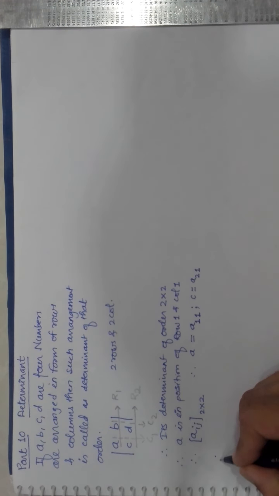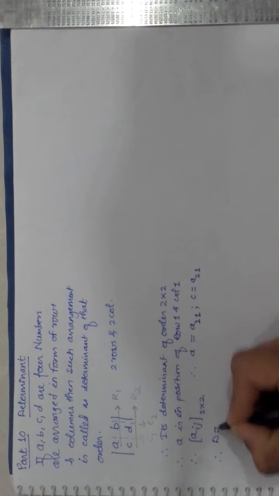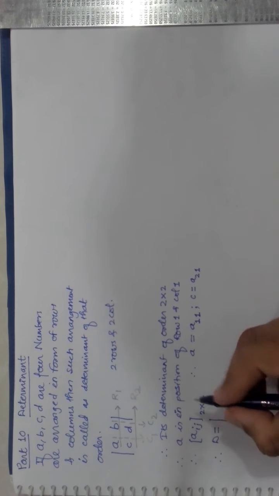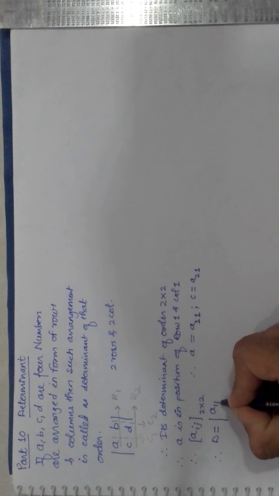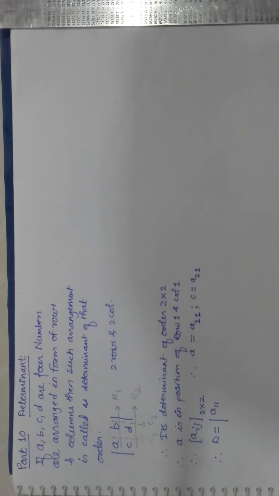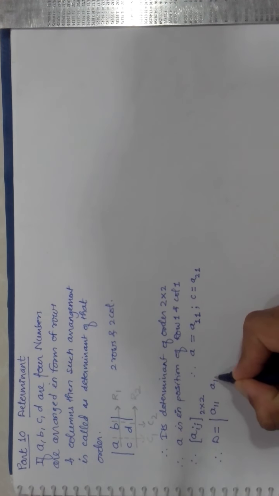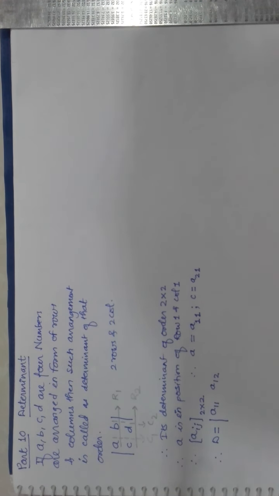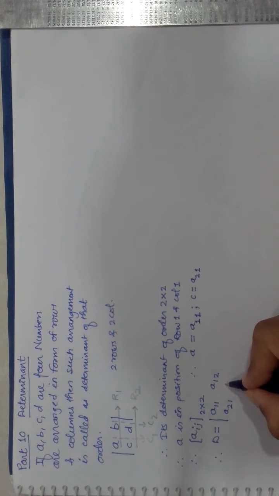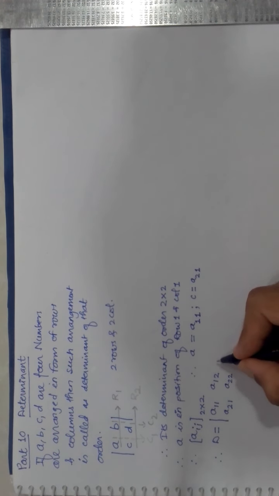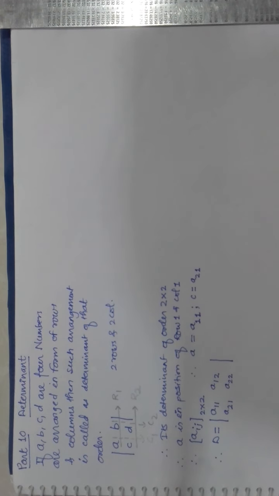Generally we represent a determinant as D, with a horizontal line, say here A11 indicating first row and first column, A12 indicating first row and second column, then A21 indicating second row and first column, and A22 indicating row number 2 and column number 2.